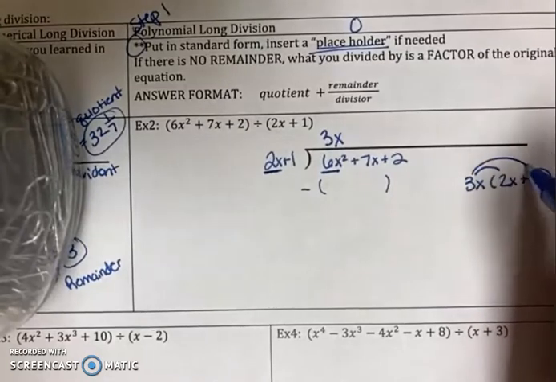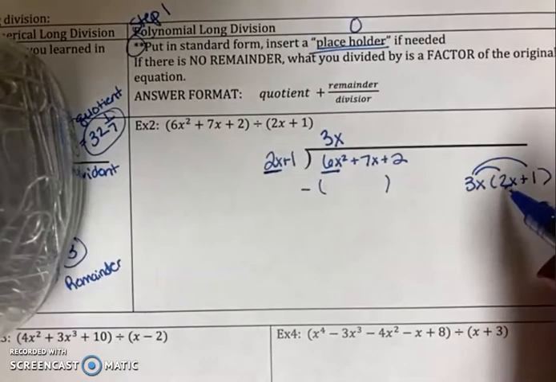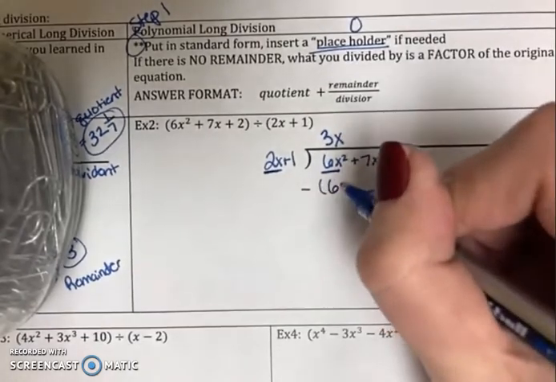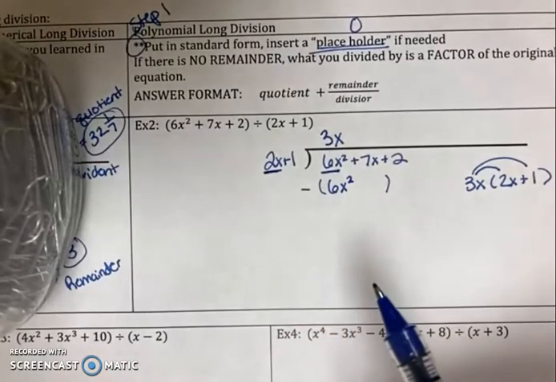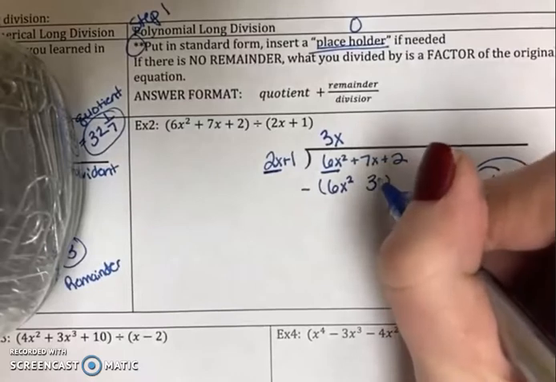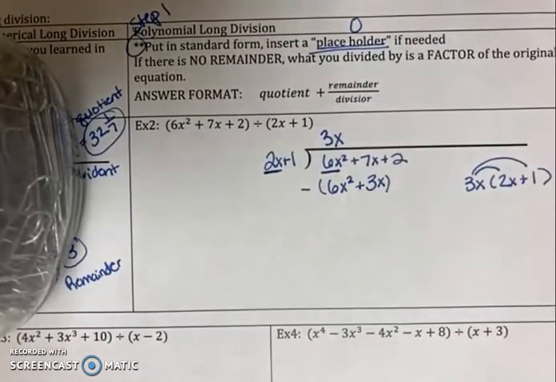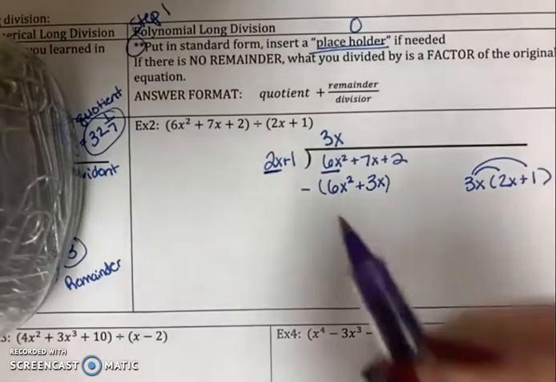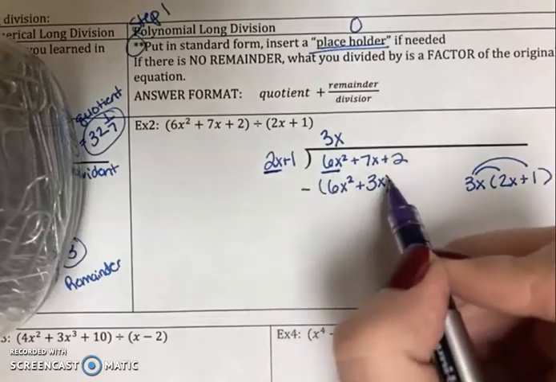We need to distribute in order to figure out what that would be. So 3 times 2 is 6, x times x is x squared. We wanted that because, look, now we're in a position to cancel it out. And then 3x times 1 is 3x, and it's a positive at that. When we are subtracting, remember, that subtraction sign goes to each of the terms.